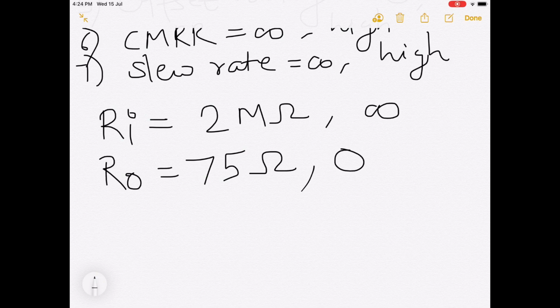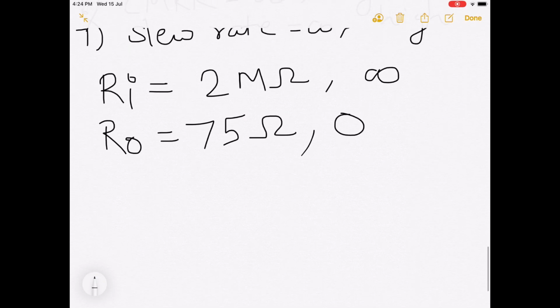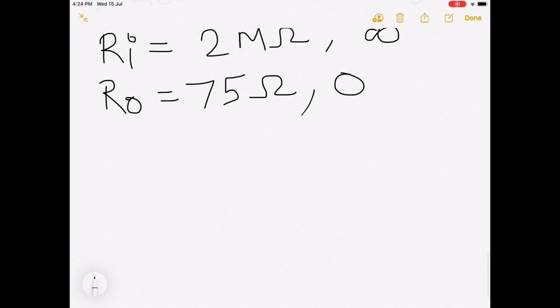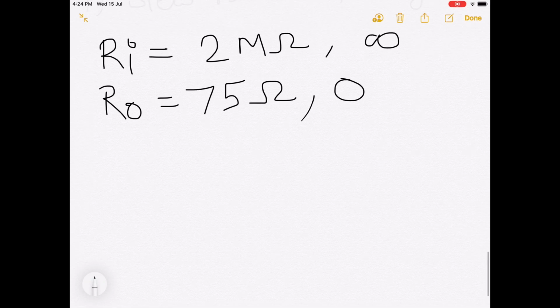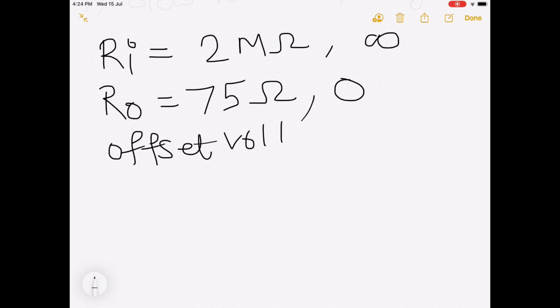Okay. Then the next parameter is offset voltage. There are two types of offset voltages.